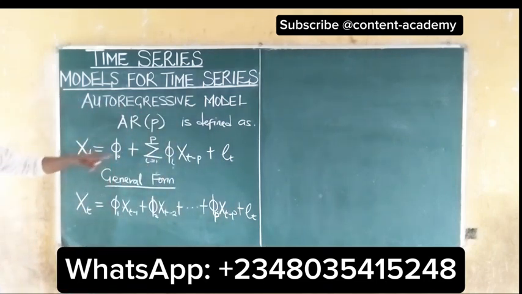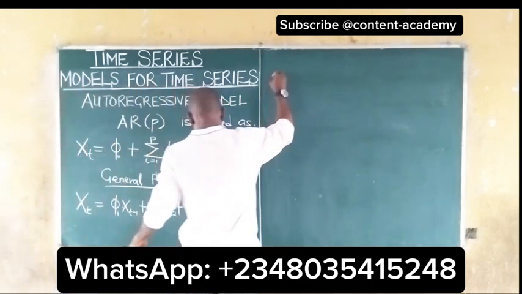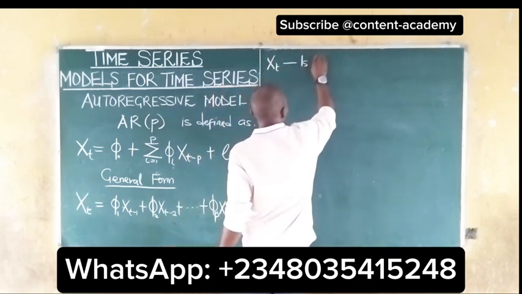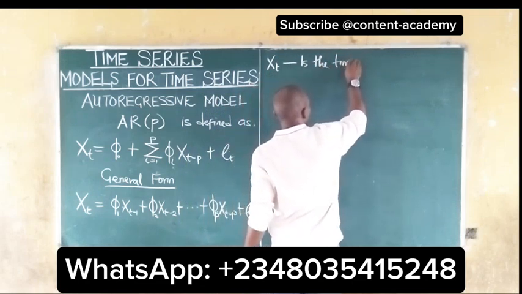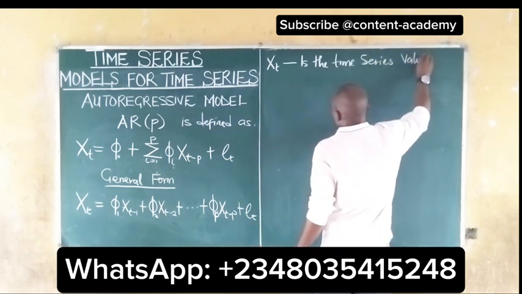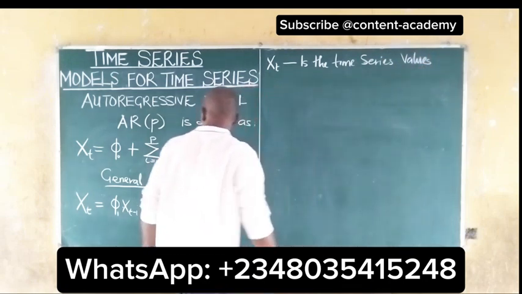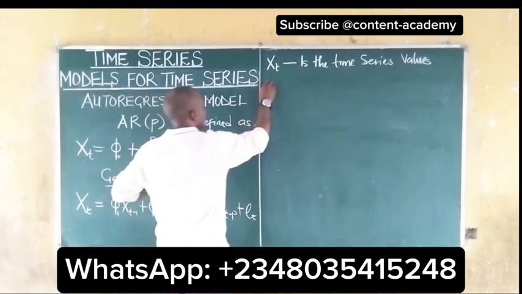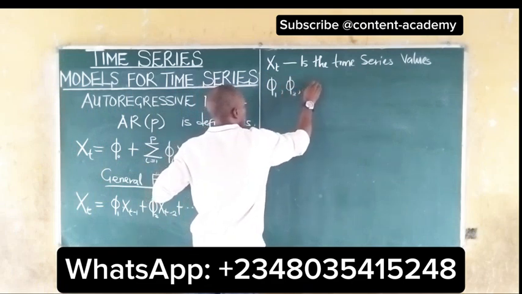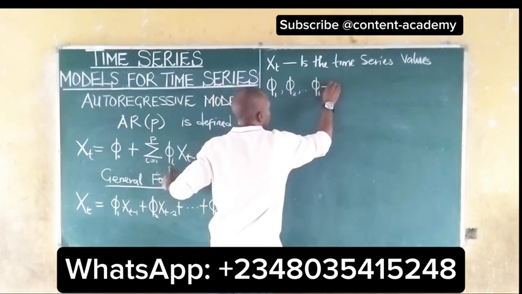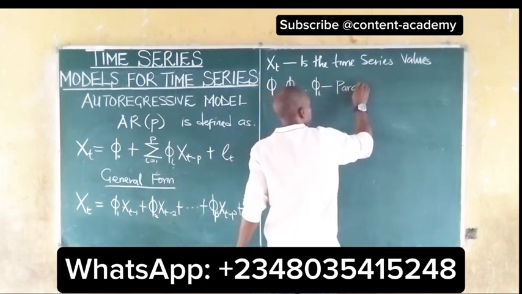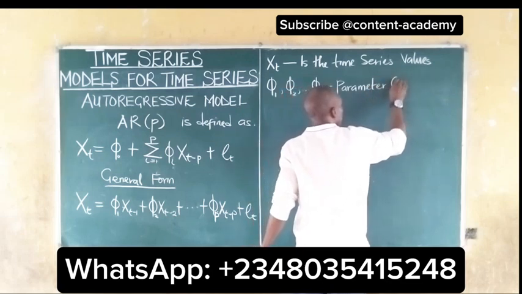Now, what are these parameters that are here? The xt is the time series value. The phi we see here, that is phi 1, phi 2 to phi p, we call them the parameter coefficients.